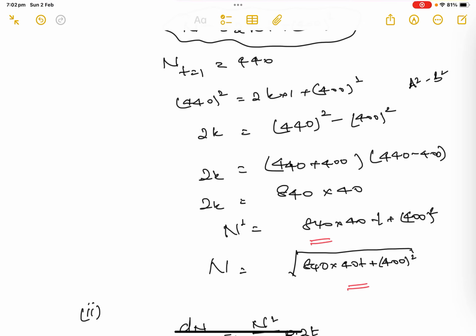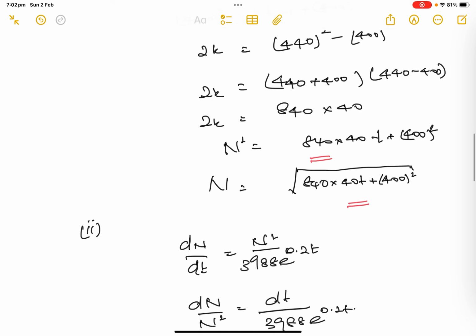This is the same as a squared minus b squared, which is a plus b times a minus b. So 440 plus 400 is 840, and 440 minus 400 is 40. So 2k is 840 times 40.